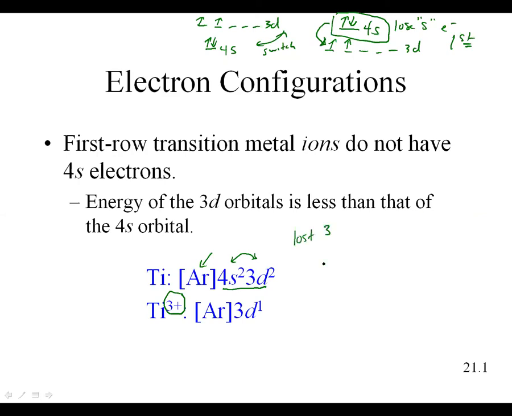The first 2 electrons it loses come out of the 4s, and then the third electron comes out of the d. That leaves us with the correct configuration for Ti with the +3 charge: argon 3d1. So again, transition metals all the way through will lose the s electrons first and then go into the d if necessary.